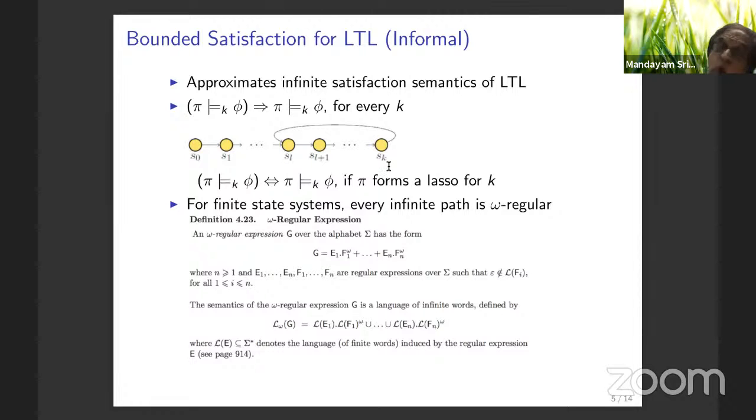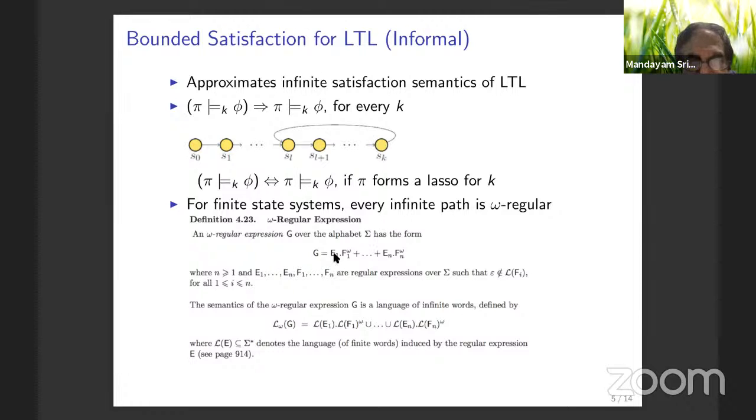So, to answer your question, if within the finite prefix up to K that you see, you have the knowledge that it is lassoing, then indeed you could precisely define the satisfaction on the infinite path, which is represented as S0 to SL minus 1, followed by SL to SK omega.